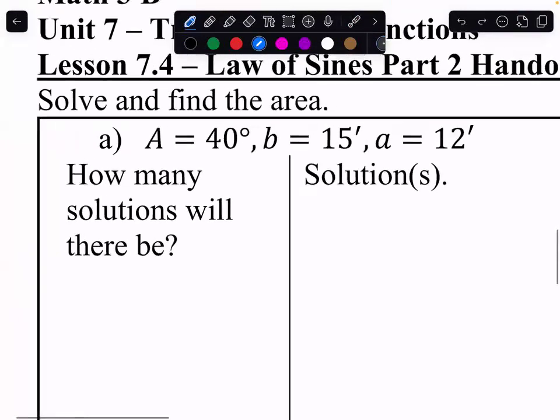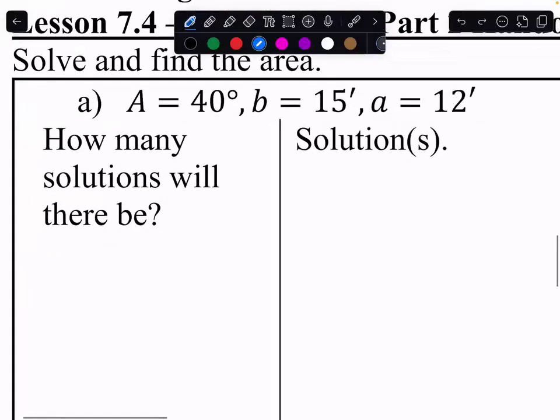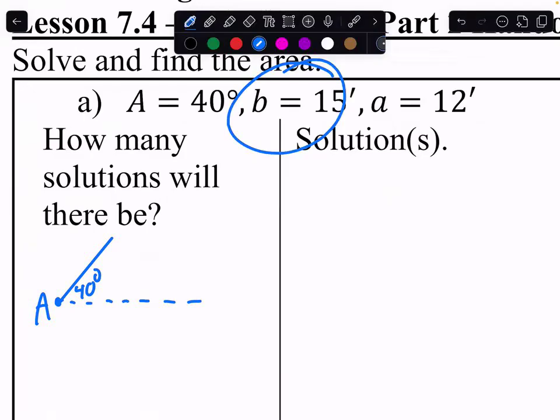Again, I'm just going to always keep drawing it the same way. This time the angle is given as 40 degrees, and that's called capital A. The adjacent side we can call b as 15. This means feet.